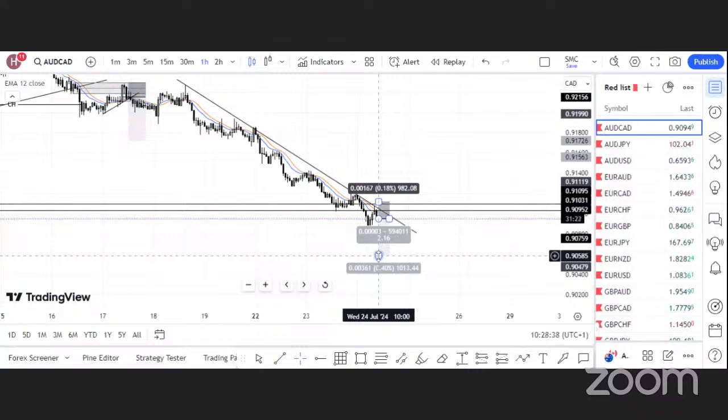So you opened a sell position, but instead of the market going down in the direction you predicted, the market actually went up and took you out of the market before going down. The reason for this is those are caused by fake outs.